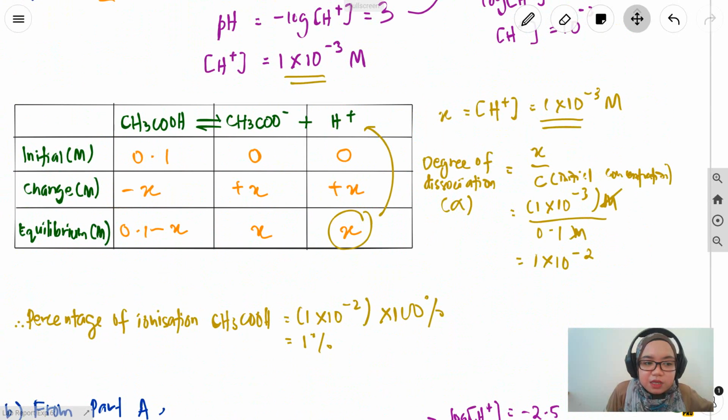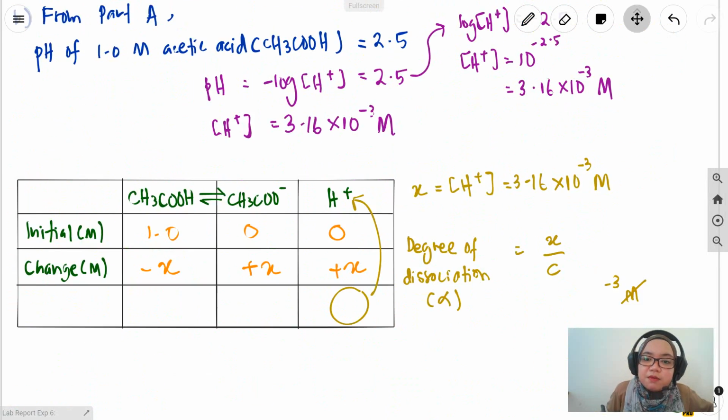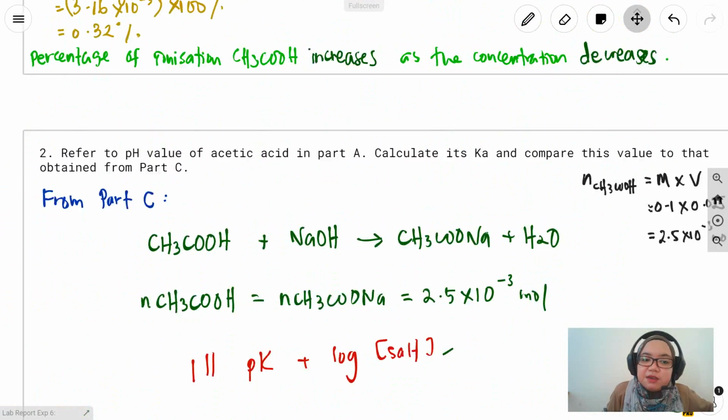Kita tengok yang dekat equilibrium sini, okay? So, Ka is equals to concentration of CH3COO minus times concentration of H plus divided by concentration of acetic acid. So, X times X divided by 0.1 minus X. That's why we got that kind of expression for Ka.